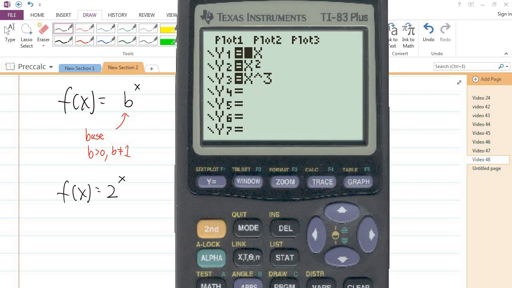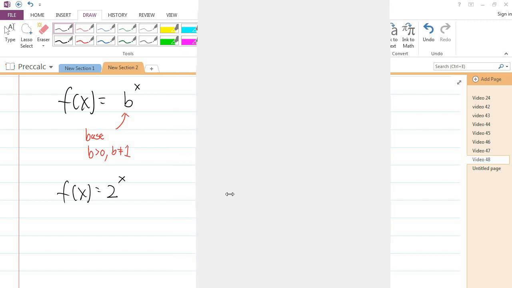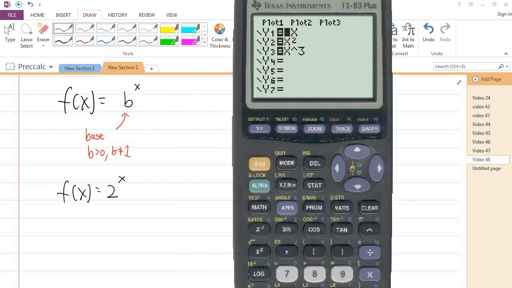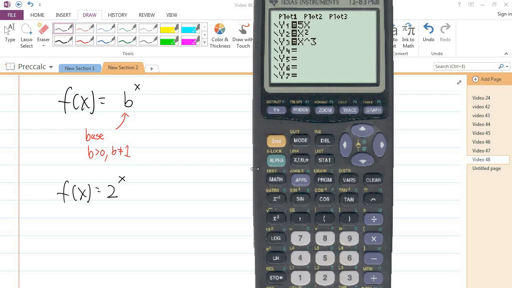Okay, and if I put in something with an even higher degree, like x to the 5th, we would expect that to shoot up pretty quickly. And even more so if it were to the 10th.